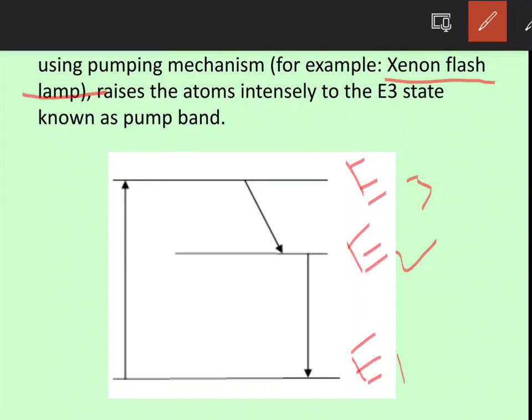The light coming from the xenon flash lamp is used as the light source for pumping, to raise the atoms from the ground state energy level to the E3 state, that is the pump band.